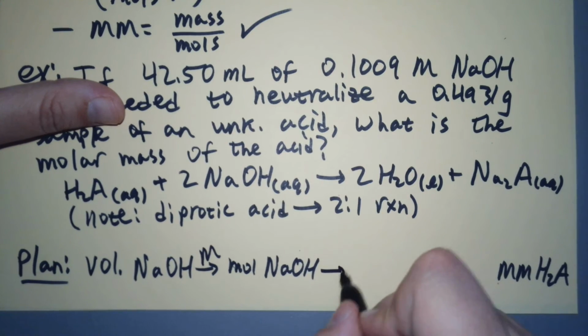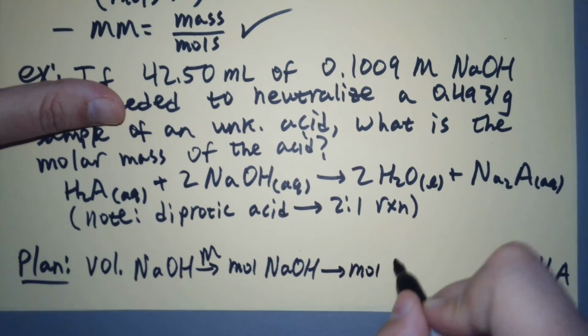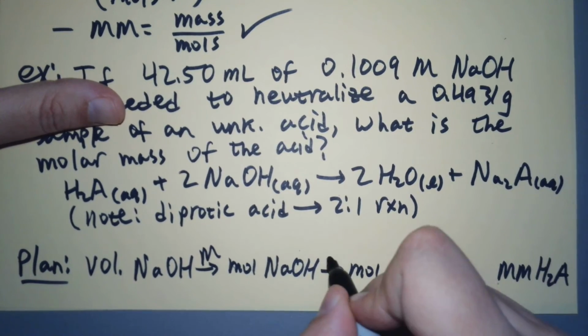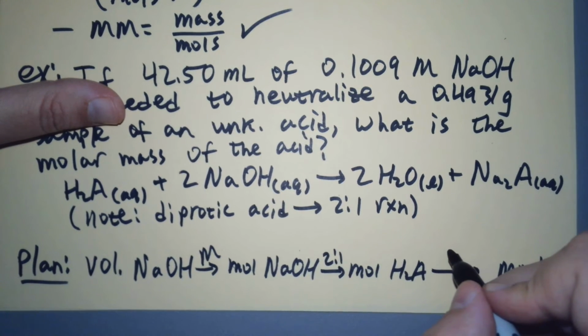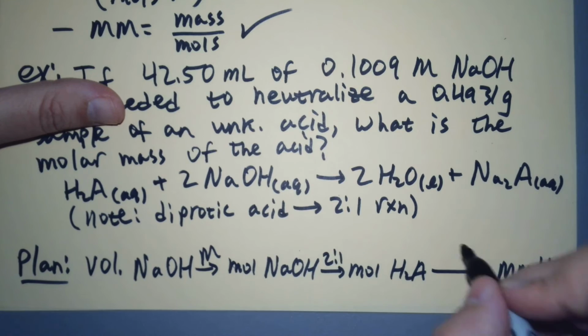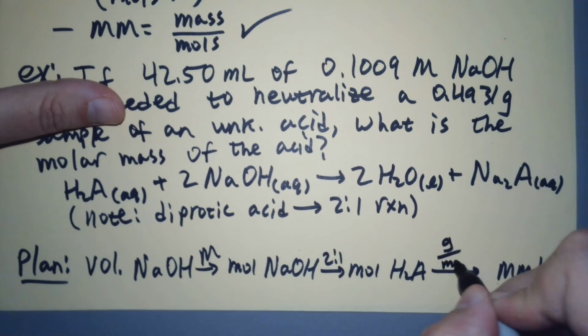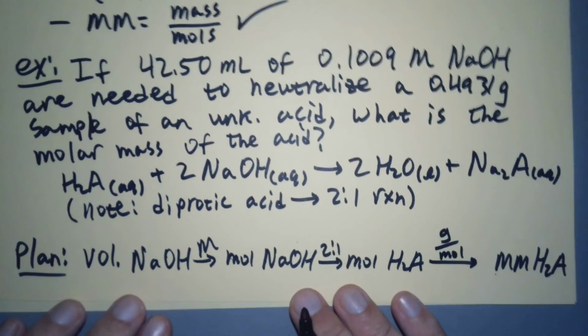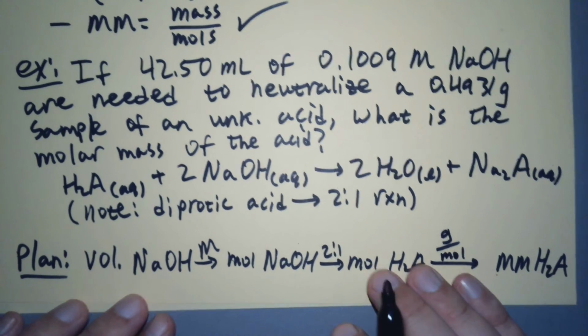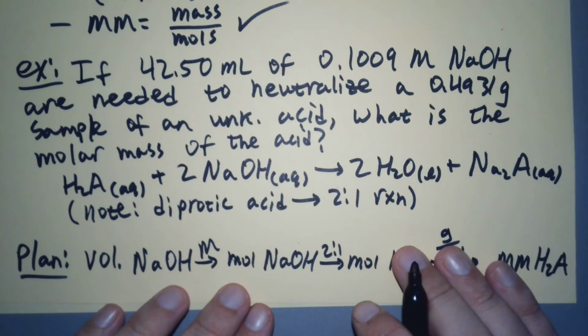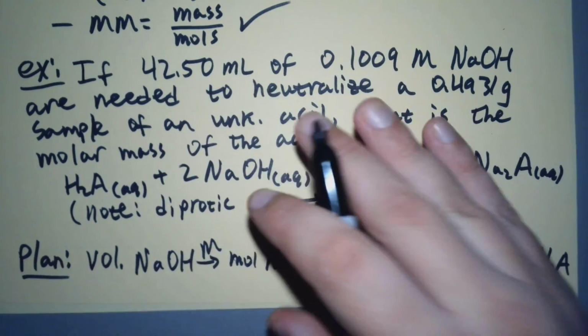And then I can go to moles of H2A using the 2-to-1 stoichiometry. And I can go over here by going grams over moles. Alright, so that's our plan. So what I'll probably do is I'll solve for the moles, and then I'll pull the grams from the question, and kind of, I usually break it up a little bit. You'll see.